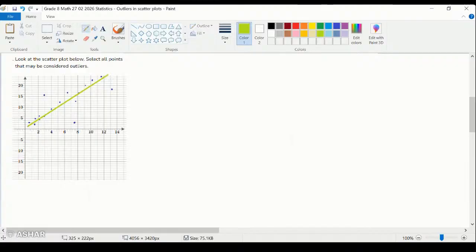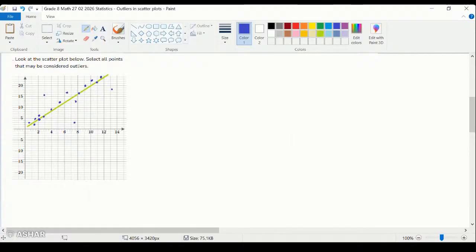Agreed? We can say this was the line of best fit. A line of best fit will pass through the maximum number of points or pass near, between the maximum number of points, right?